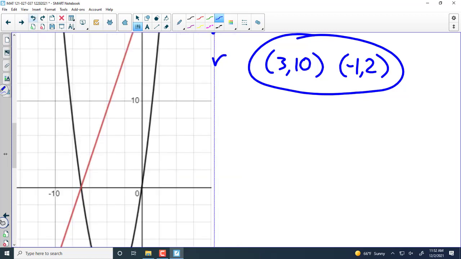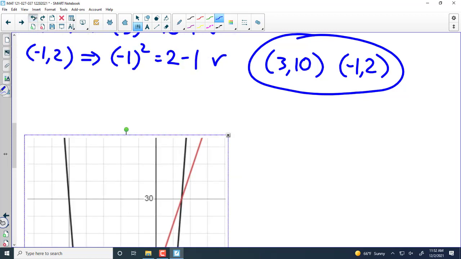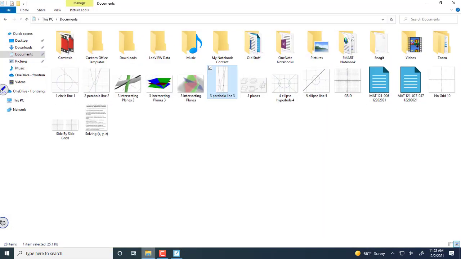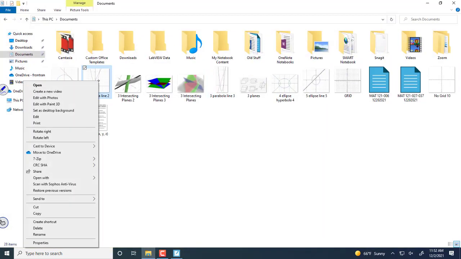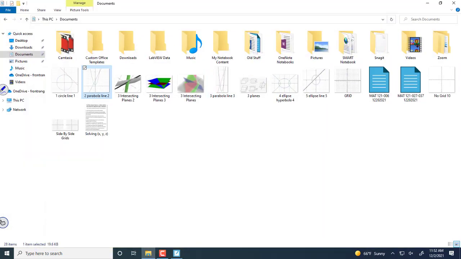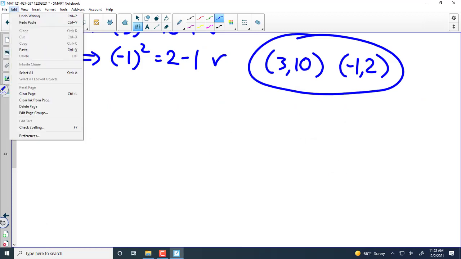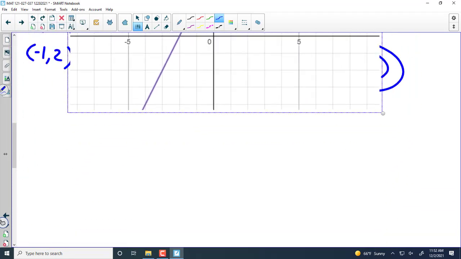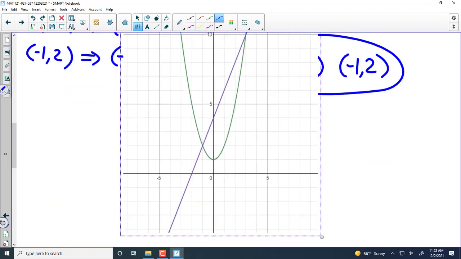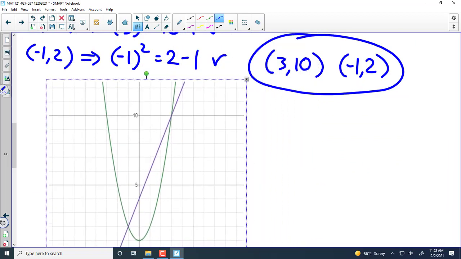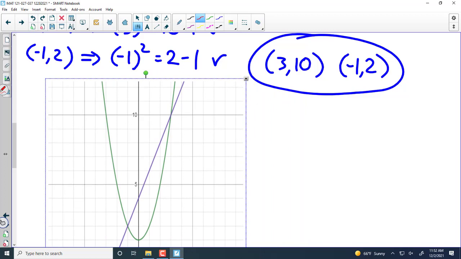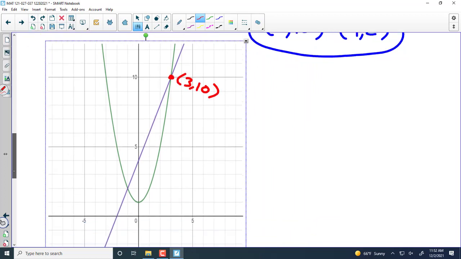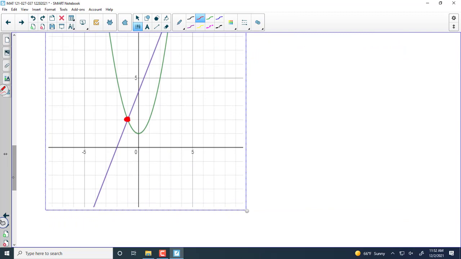Everyone, I'm eating up valuable time right now. Look at this. Go away. All right. That's not the right one. This is the right one. That's it right there. Because right here is the ordered pair 3, 10, where the line hits the parabola. And right over here is the ordered pair -1, 2, where the line hits the parabola.